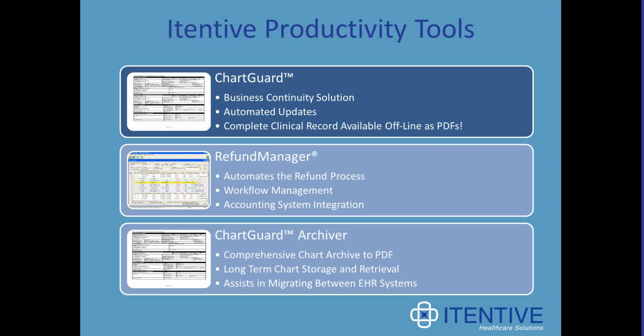It has this neat little engine that goes through and looks at the credit balances, because it may not be a refund due at all. It just needs to be redistributed or reallocated under a different encounter. So it gives you a nice tool that scans all your charts in the system and pulls all those credit balances so that they can be evaluated and determine whether a refund truly is necessary.